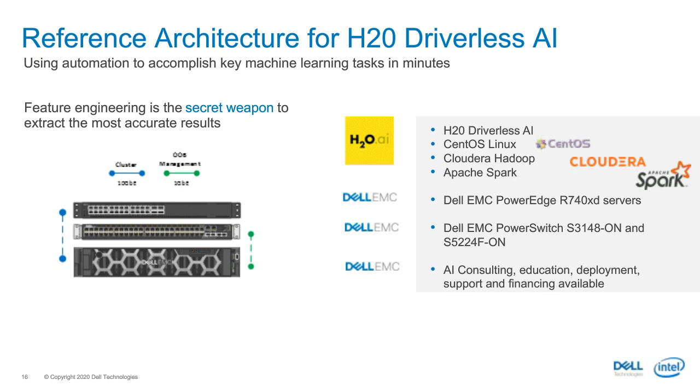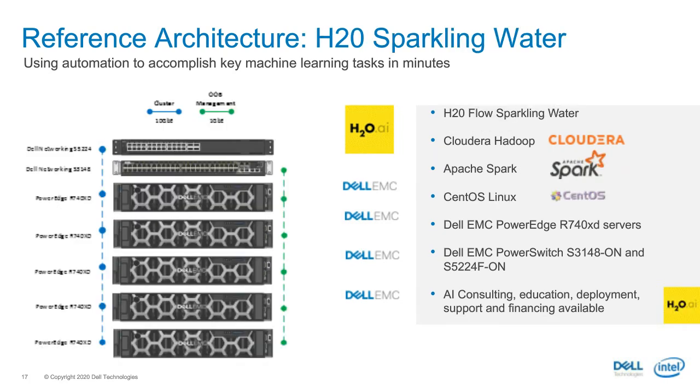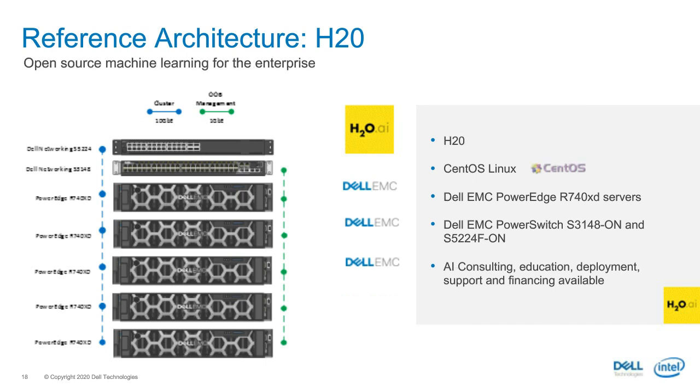And as we look at a couple of other solutions like Sparkling Water, which is targeting embedding H2O machine learning algorithms in Spark, we can scale to multiple nodes here and take advantage of the power of high-performance computing. And then finally, you also have the capability of running on a high-performance computing cluster, bare metal Linux, without leveraging Spark if that's what is needed by your teams.